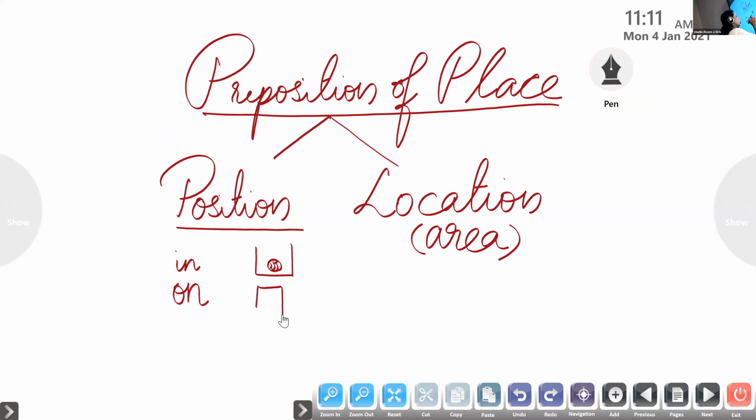It is on the table or on the box. Okay, this is on. And what is the next thing we have learned? Under. Under means, this is the table. Under means where it is here. So all these prepositions tell us the position of the things. Okay.